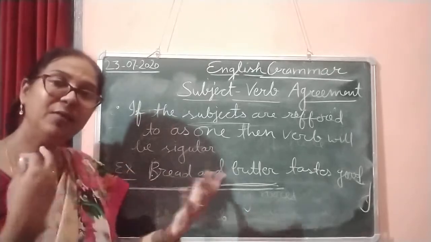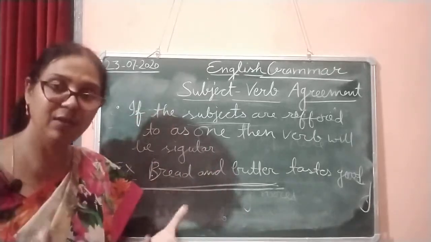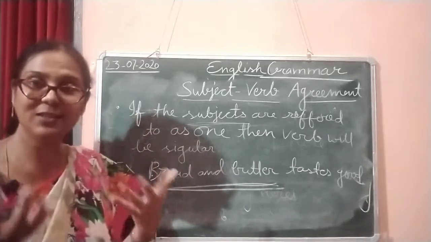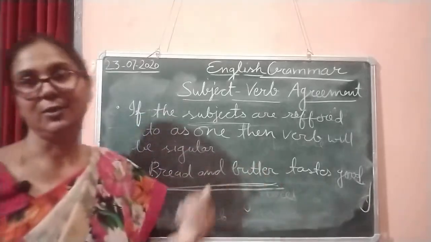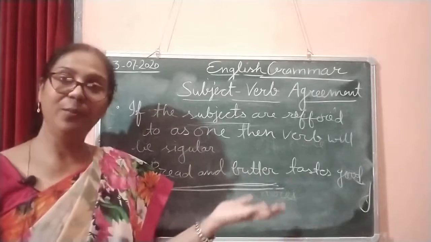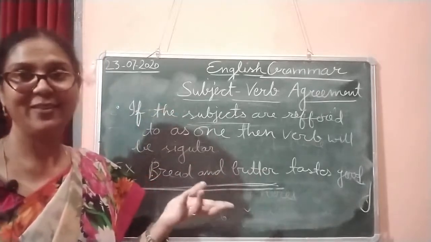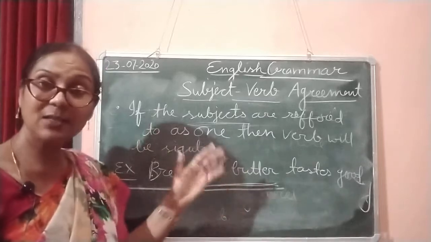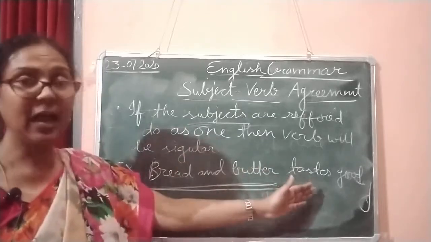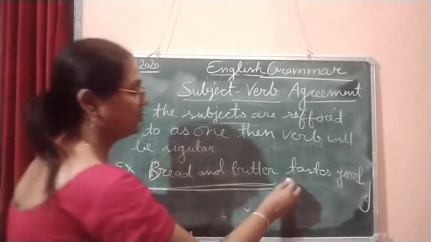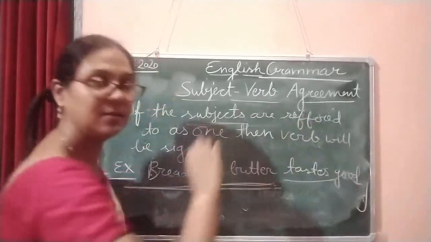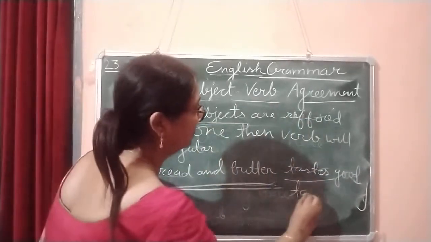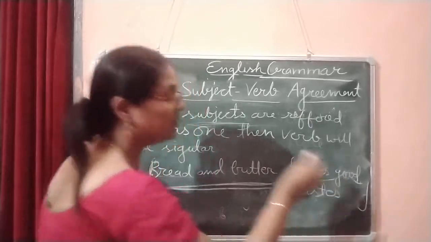So whenever we are talking in phrases, in common language, we just say bread and butter. This is the matter of bread and butter. This way we are talking. So bread and butter is referred as a singular. That is why we have added tastes over here, with an S. Tastes good.